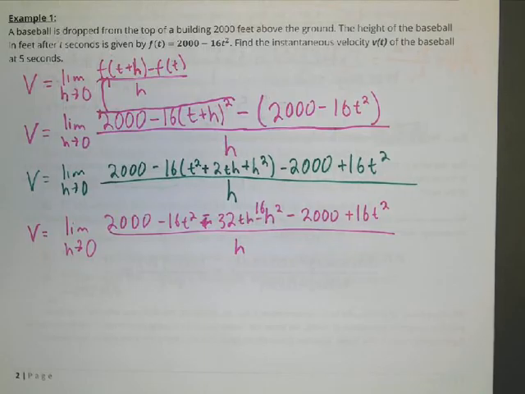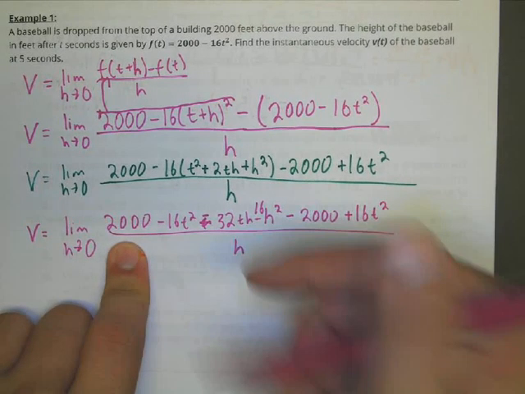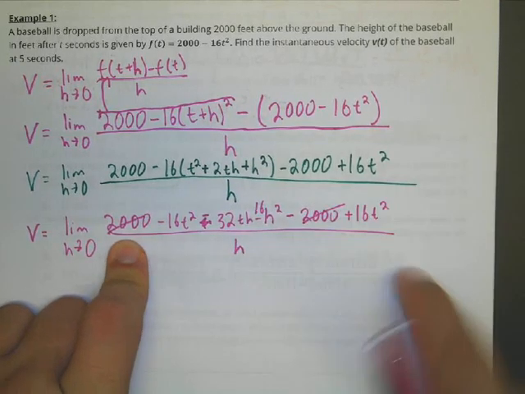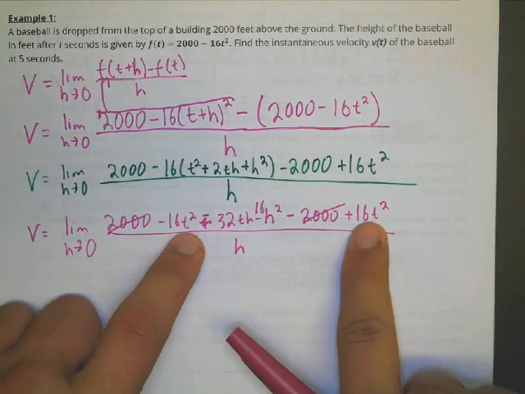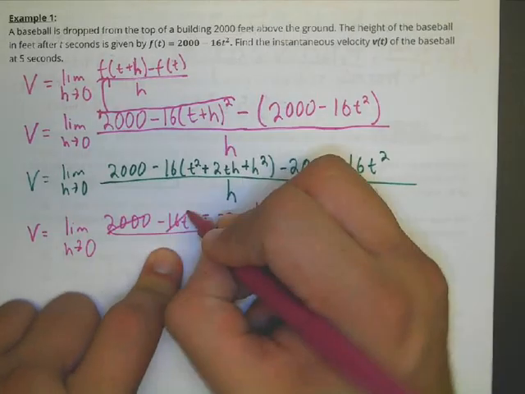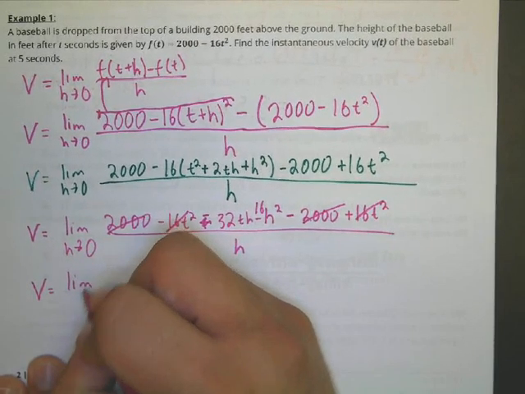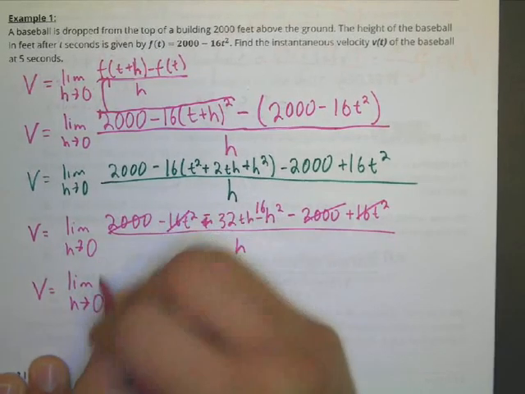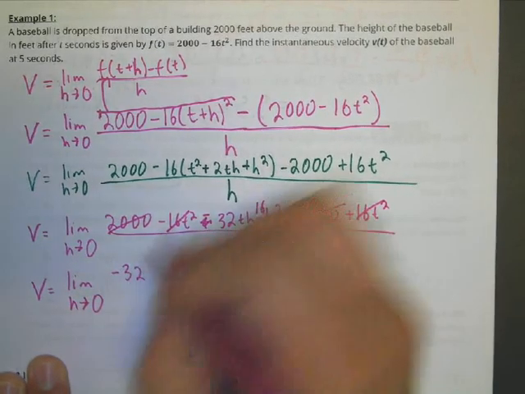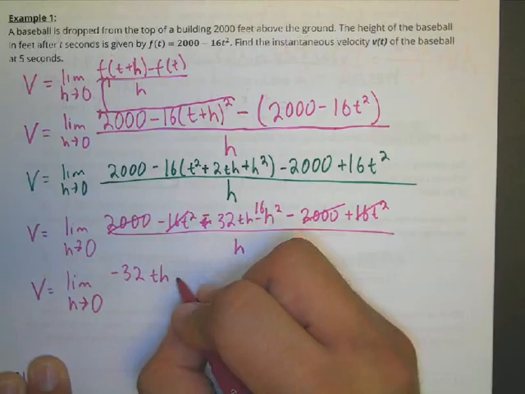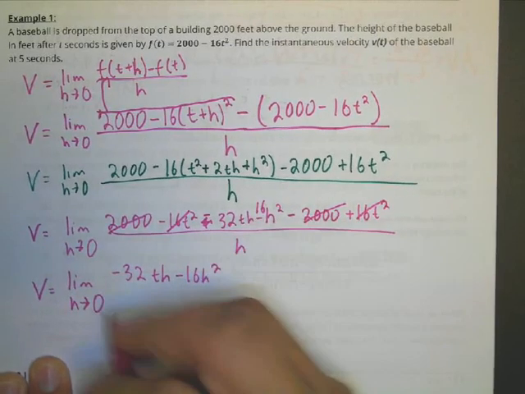All right. So notice anything? What cancels? 2,000. You got a 2,000 minus 2,000. Anything else? 16t squared also cancels. So we're left with the limit as h approaches 0 of negative 32th minus 16h squared over h.